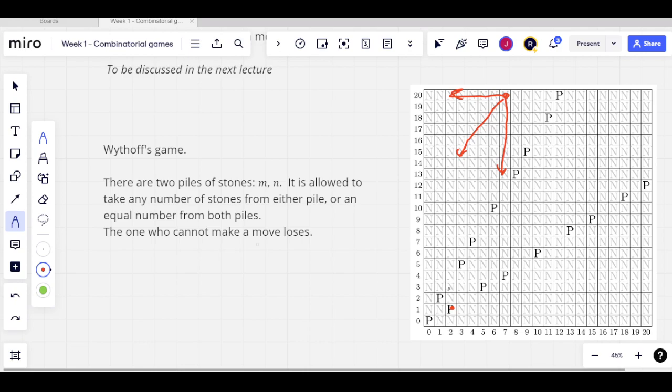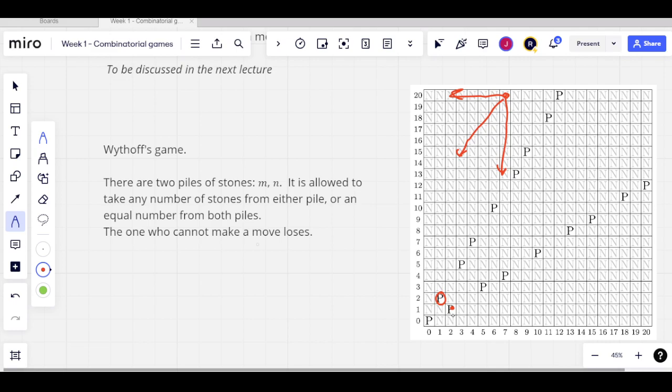Okay, and our table will look like this if we do the same thing. We just check: if any cell reachable from ours is N, that means we lose. The first player will lose.